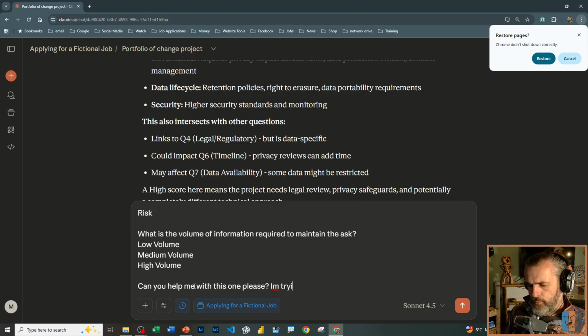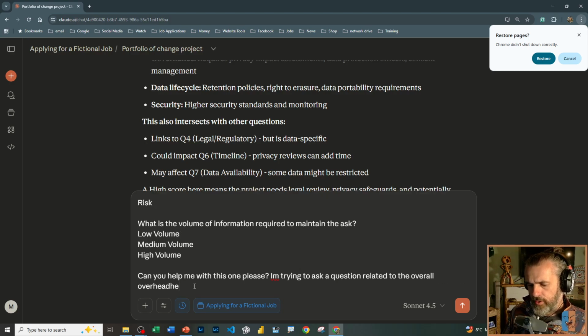I'm trying to ask a question related to the overall overhead required to process the data.